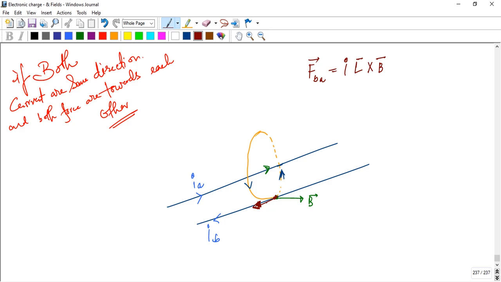So that is I cross B. So that's why the force FBA is in that direction, outside, not inside.